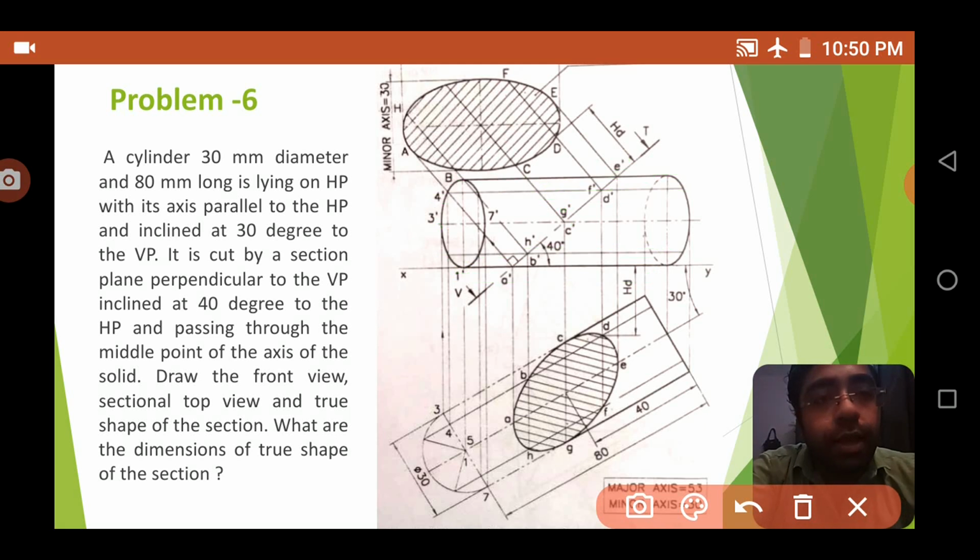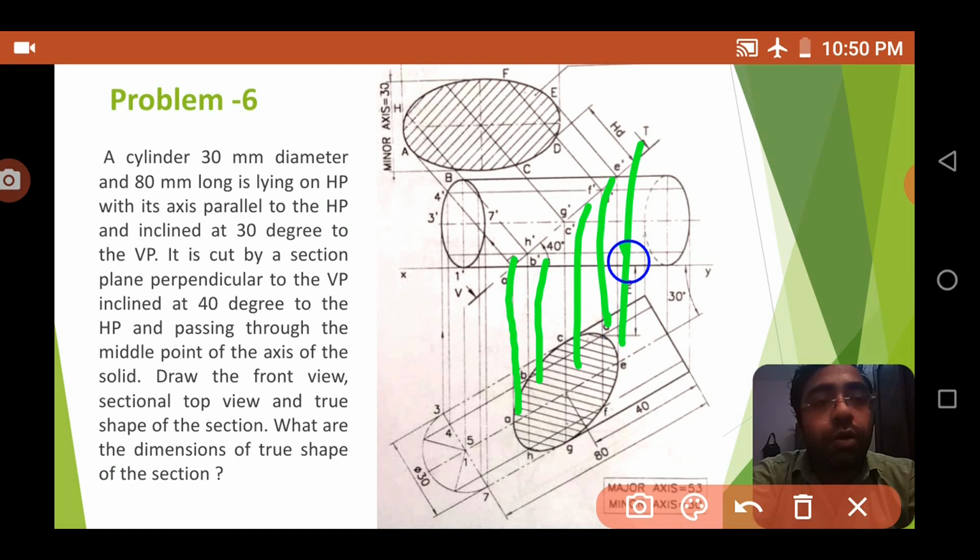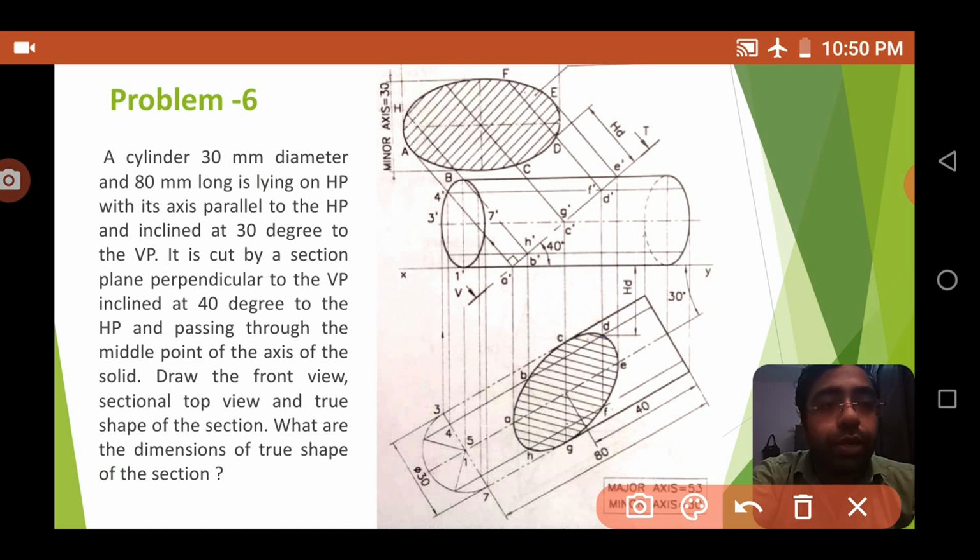So there is A dash, B dash, G dash, F dash, E dash. You got all the points. Okay, corresponding points. And from the points you have to draw the vertical lines towards the bottom, and you will get a corresponding point over this entire line.